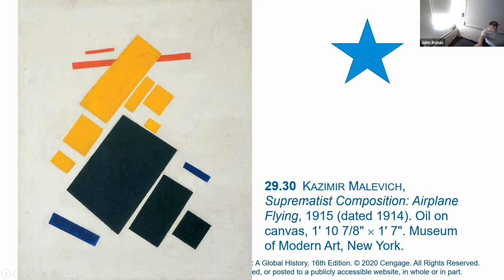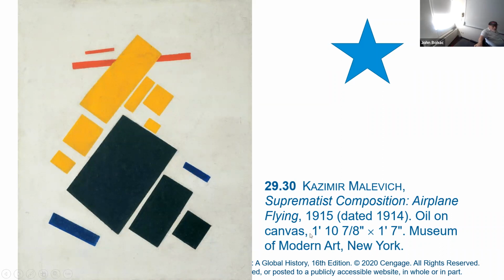It's kind of about the dynamism, airplane flying, and he's put together these pieces that, if they don't literally depict an airplane flying, have some of the, quote, dynamism of an airplane flying.